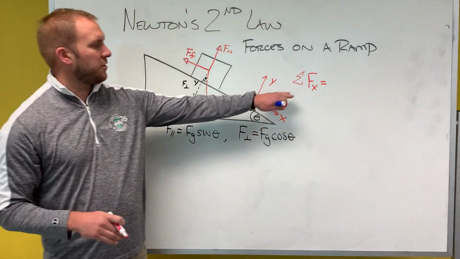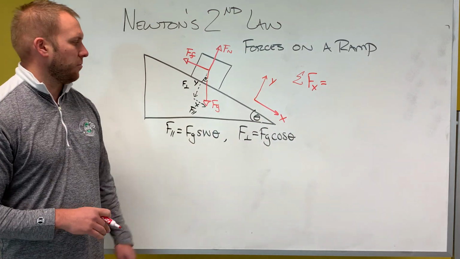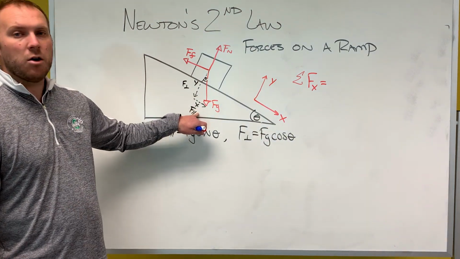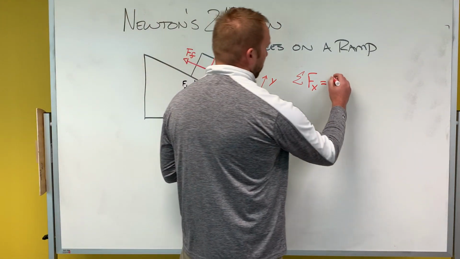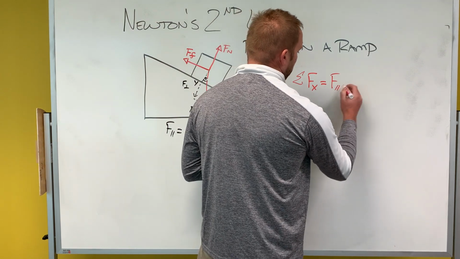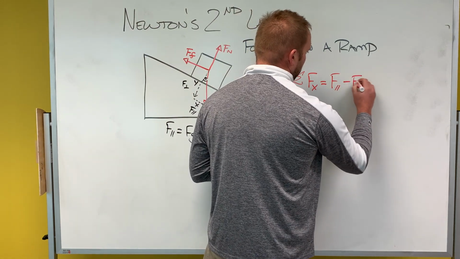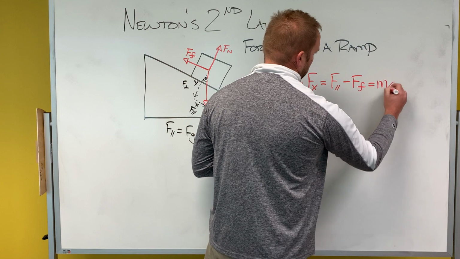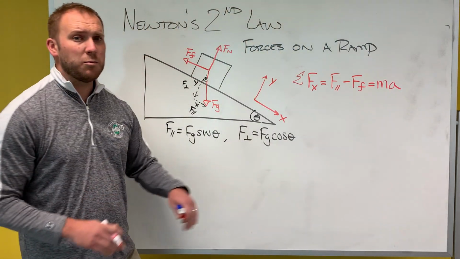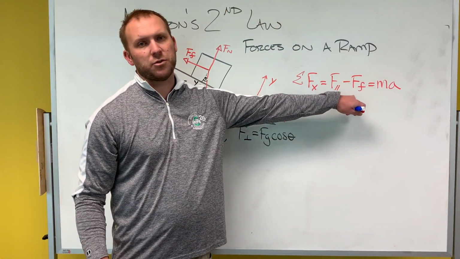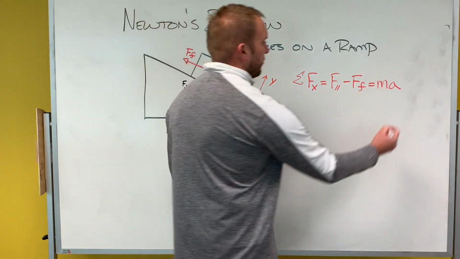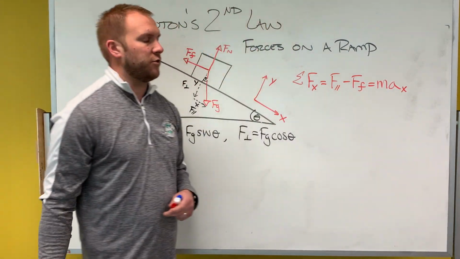What I'm going to do first is the net force in the x direction. What I see is the parallel component pointing down the ramp, so that gives me my parallel force minus my frictional force equals mass times acceleration in the x direction.